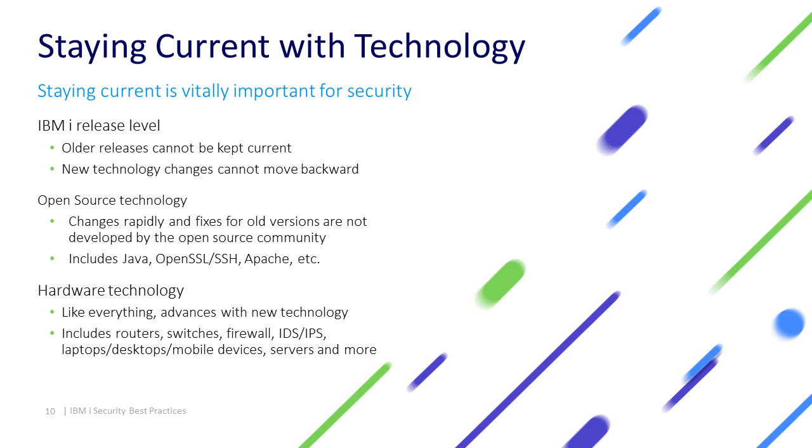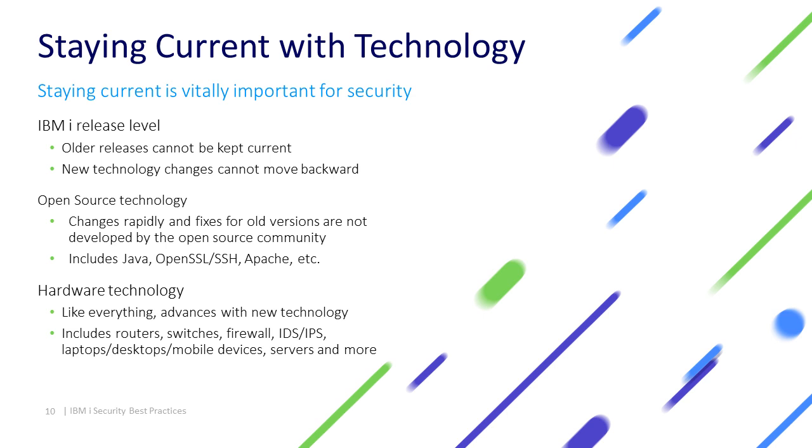But basically, the requirement to stay current on fixes becomes a much bigger problem these days compared to what it was some number of years ago. A lot of it has to do with open source. Some of the technology I have listed here, Java, OpenSSL, SSH, web servers, and so on, they have a whole different set of rules than what we're used to in the IBM i community as far as how long they support different types of open source packages or products.